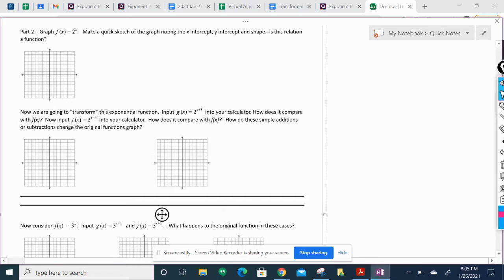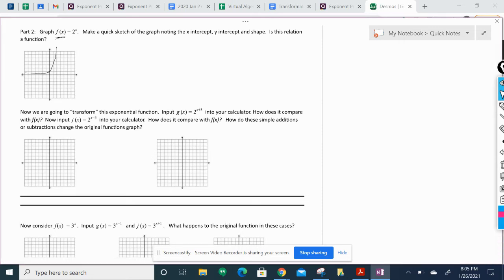X-intercept, remember, it doesn't have an x-intercept. It crosses the y at 1. And then its shape is that nice exponential curve. We've already said that this is a function because it passes the vertical line test and because of this hint, f of x.